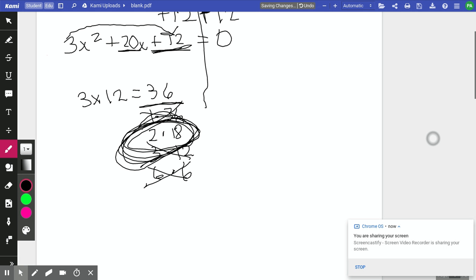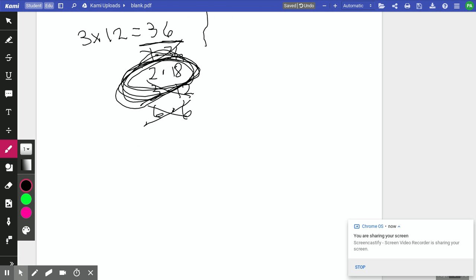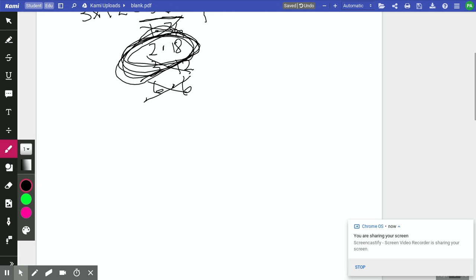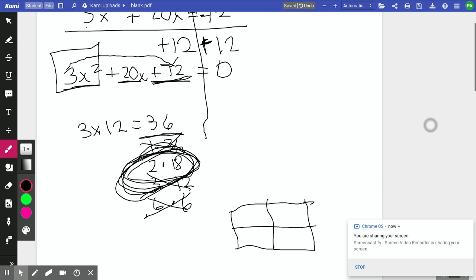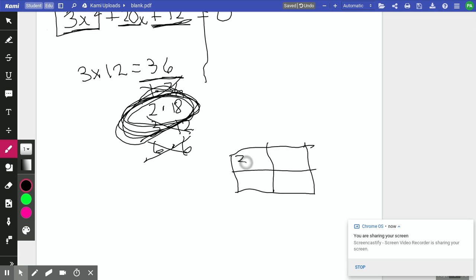And then the next thing, since you got your two factors, you can go ahead and start making your box chart. So you set up your box chart here, and the number that goes in the first box always is going to be your 3x squared. So you're just going to write 3x squared in this box.